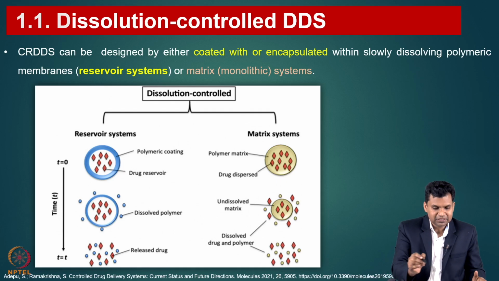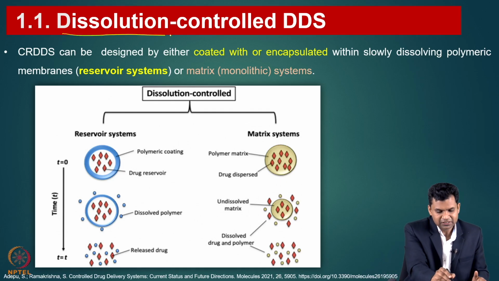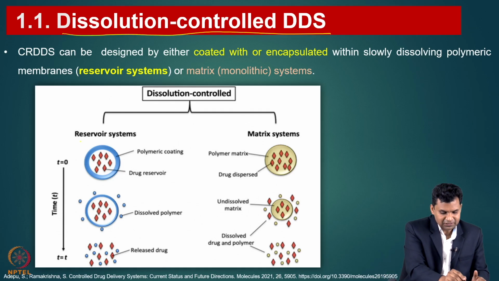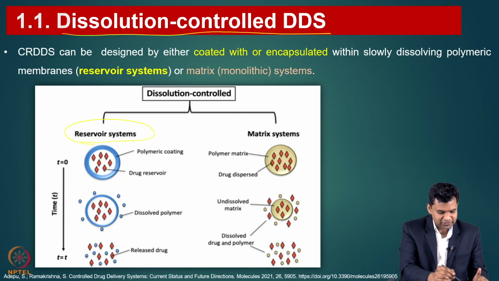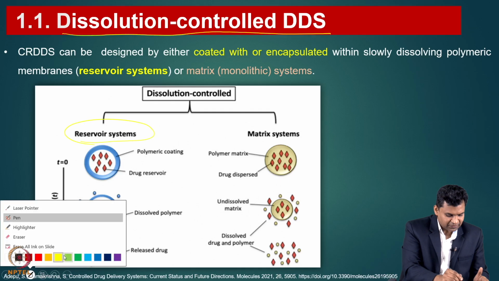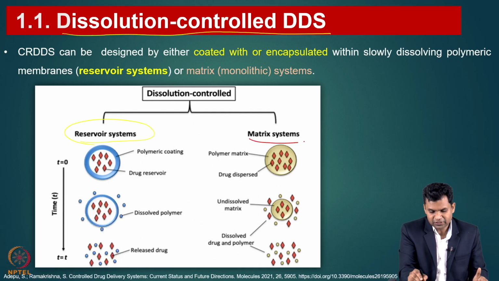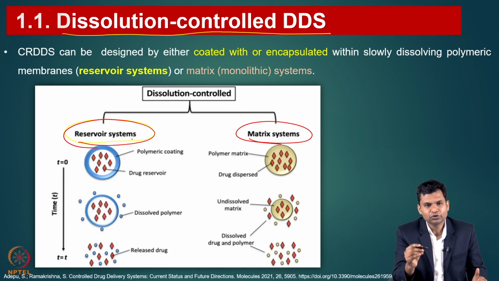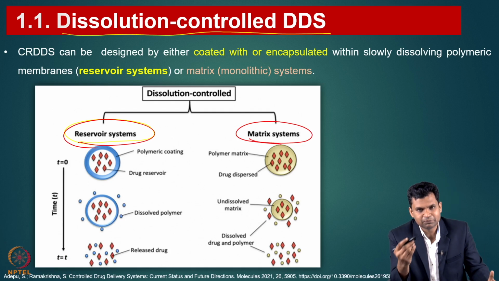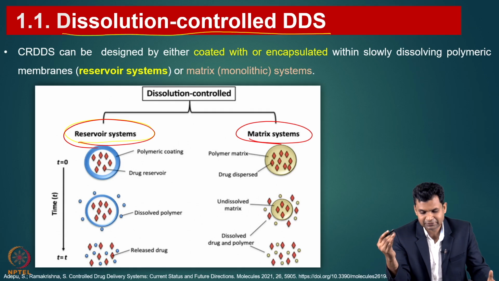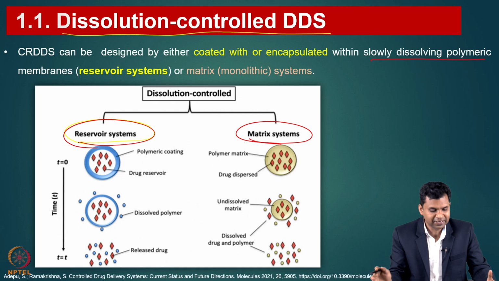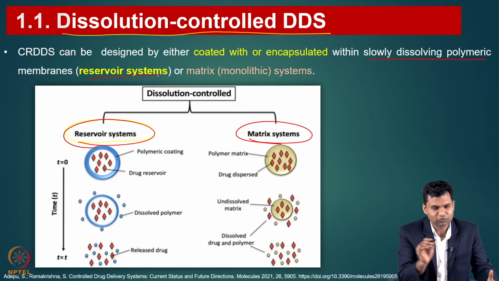First we are focusing on the dissolution control drug delivery systems. These can be further classified into reservoir systems and matrix systems. If you coat or encapsulate your drugs with slowly dissolving polymeric membranes, these are called reservoir systems.